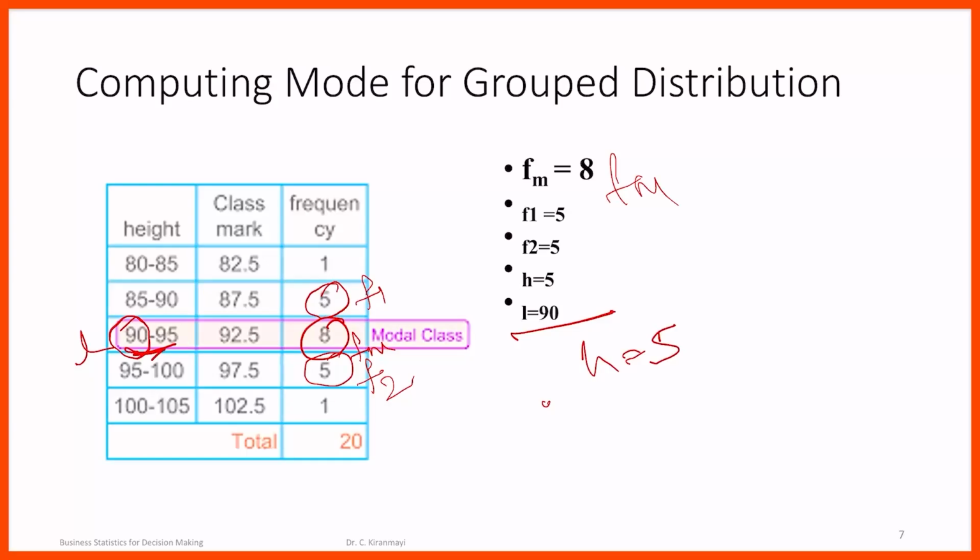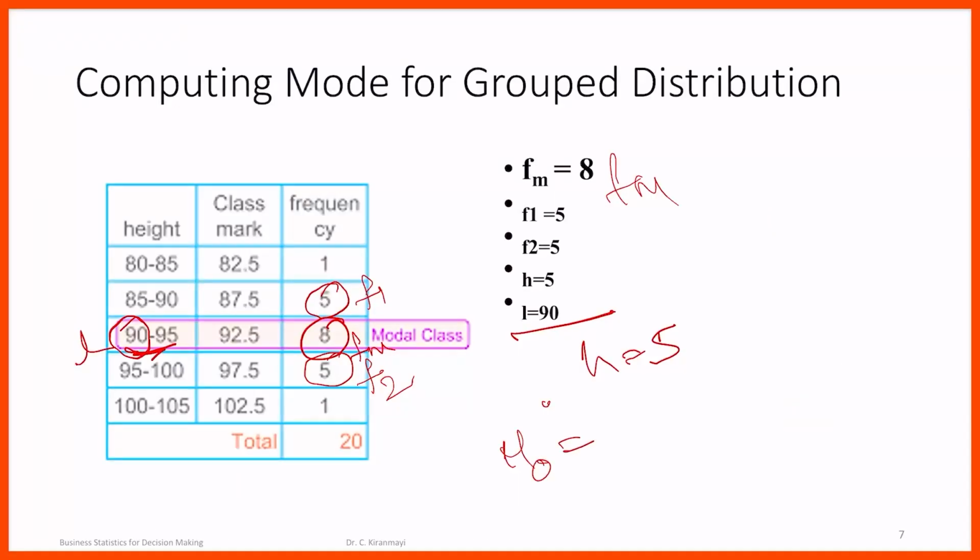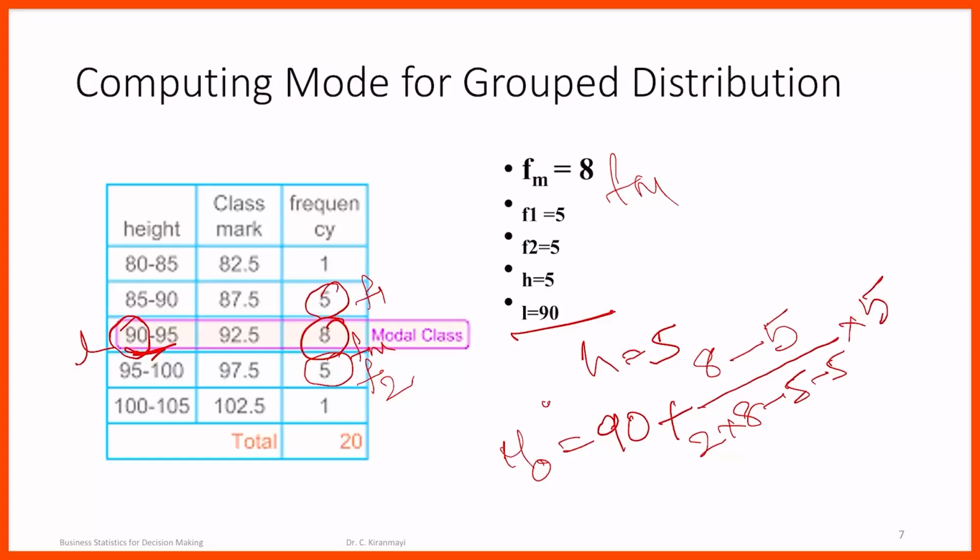This is how we obtain the values of all the variables, L, h, f1, f2 and fm, and then substitute in the formula: mode is equal to L plus fm, the modal class frequency 8, minus f1, the preceding class interval frequency 5, divided by 2 into 8 minus f1 which is 5 minus f2 which is 5, into the height of the class, that is 5.